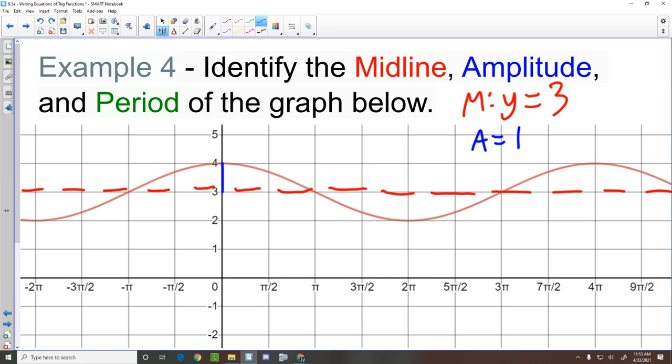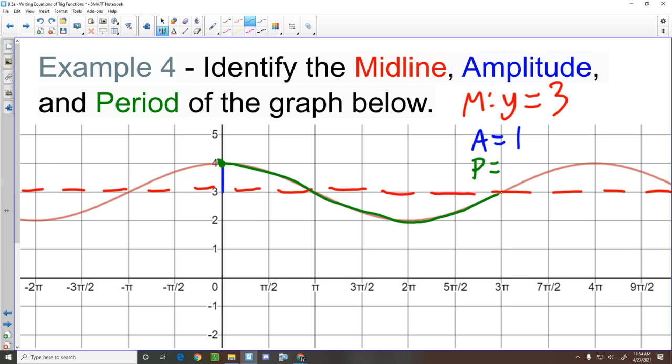Finally, the period of the graph, what's this going to be? I generally try to start on the y-axis if I can. If it's a nice, easy part of the graph to duplicate, I always start at 0 on the x, right here on the y-axis. And mapping that out, we'll trace that wave. It's going down to the trough.